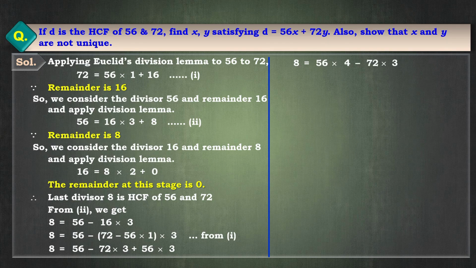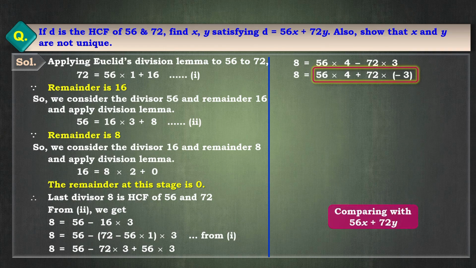minus 72 into 3. Now here we can clearly see that we can represent it in the form of 56x plus 72y. So 56 into x means here 4, and in the form they are asking plus 72, so 72 into minus 3 we can write.